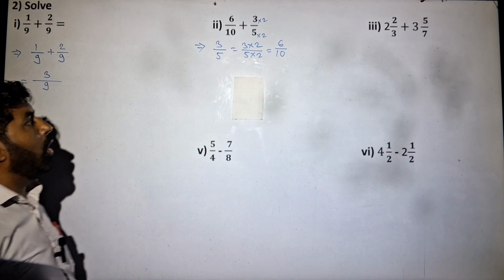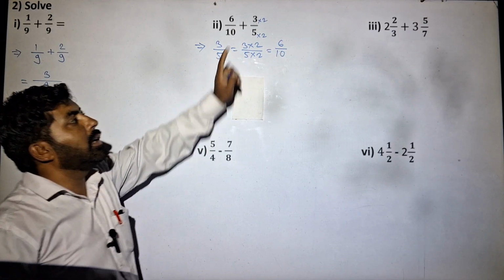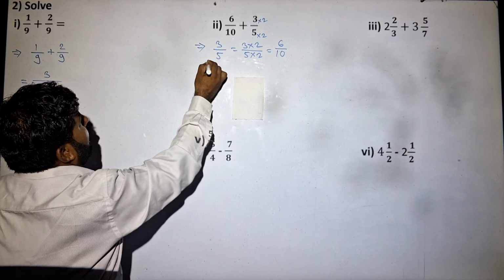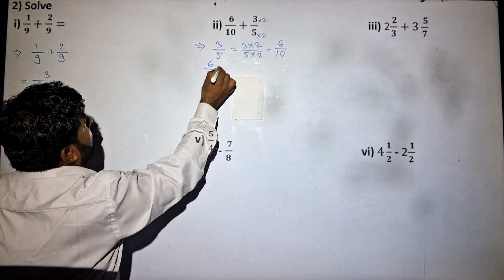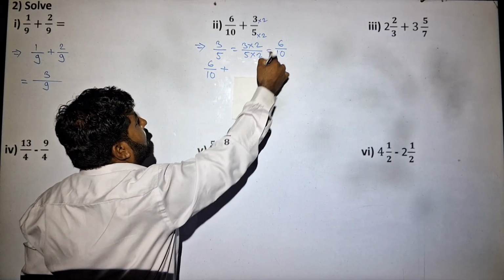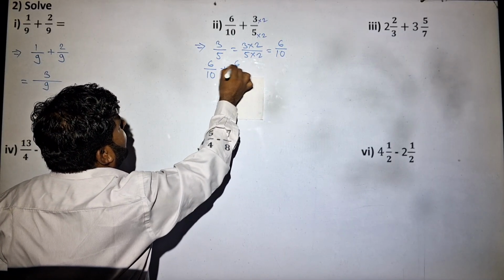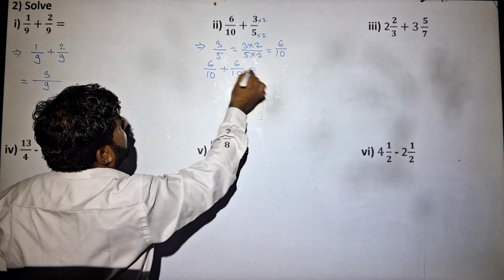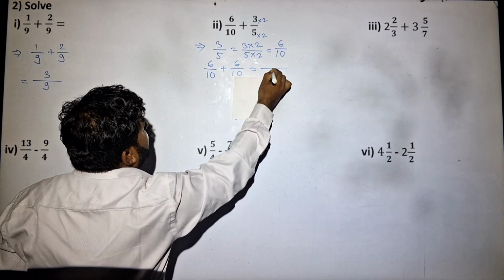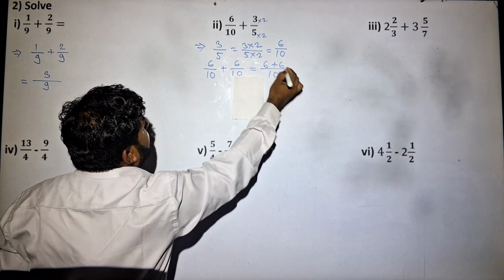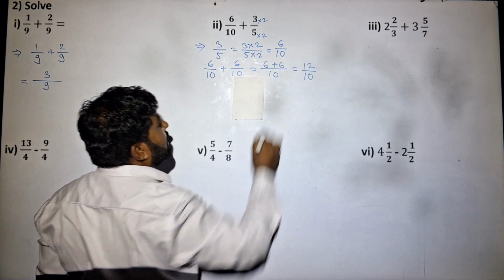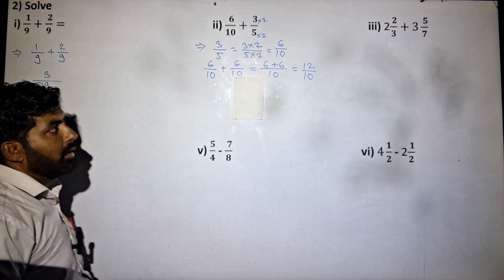The LCM of 5 and 10 is 10. Now 6 by 10 plus 6 by 10: the denominator 10 is the same, 6 plus 6 is equal to 12 by 10. The answer is 12 by 10.